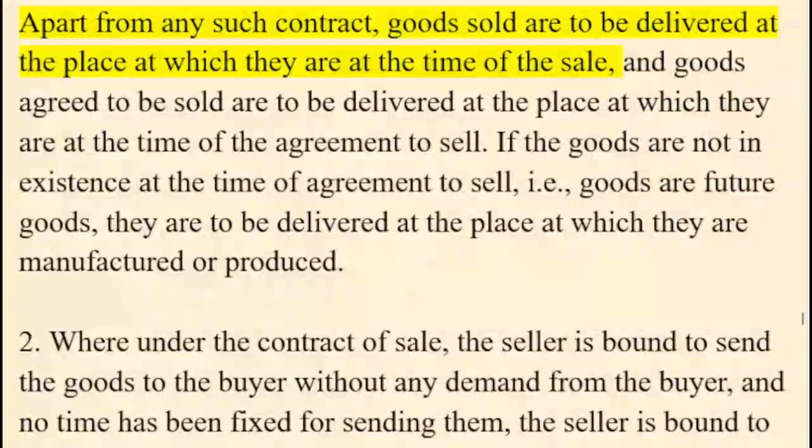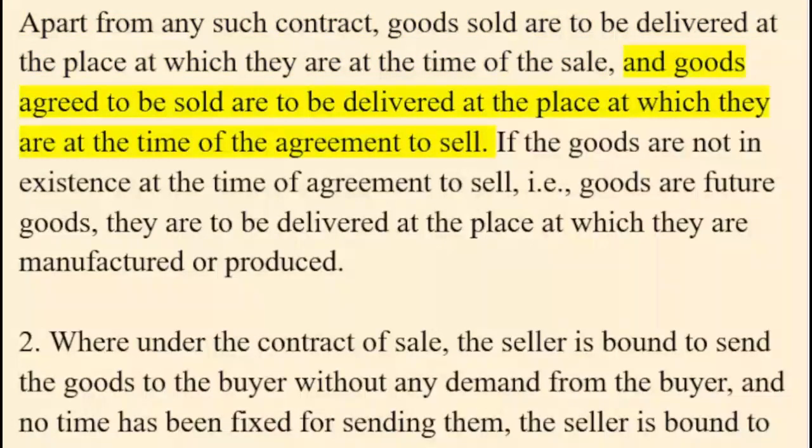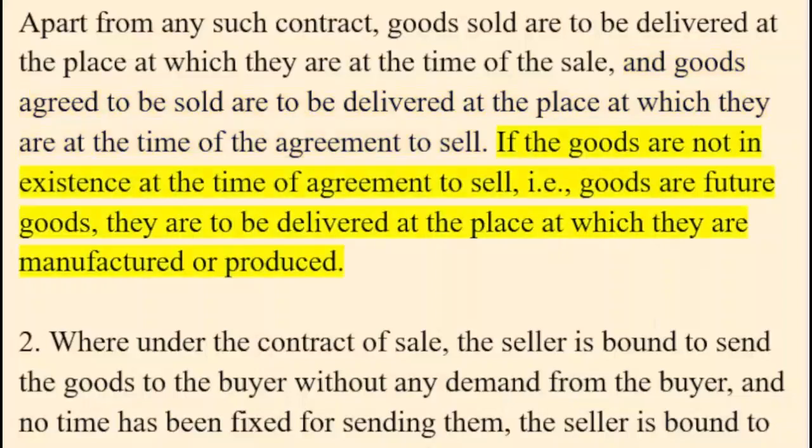Apart from any such contract, goods sold are to be delivered at the place at which they are at the time of the sale, and goods agreed to be sold are to be delivered at the place at which they are at the time of the agreement to sell. If the goods are not in existence at the time of the agreement to sell, i.e., goods are future goods, they are to be delivered at the place at which they are manufactured or produced.